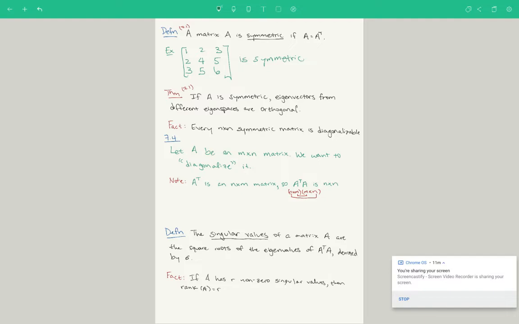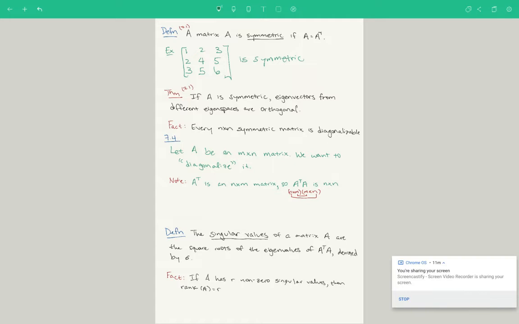So we're going to pull all those pieces together and use those to talk about how we, quote unquote, diagonalize any arbitrary matrix. So we're now starting with 7.4. We're going to let A be an m by n matrix, so any random matrix we want. And we want to diagonalize it in some sense.